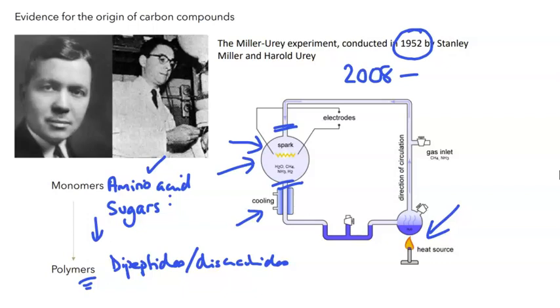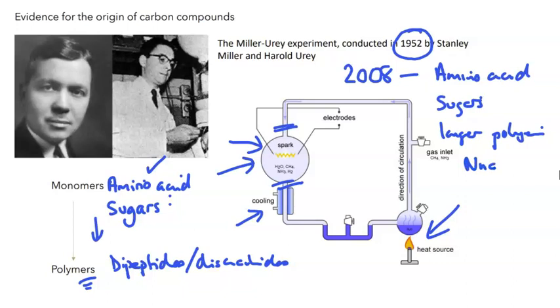When this was done, it was discovered that this instrumentation was far more sensitive than that available to Miller and Urey, and a larger range of amino acids was found to be in their flask, and indeed sugars, and in fact longer polymers were also found there, some of which were early versions of the nucleic acids, such as the RNAs.